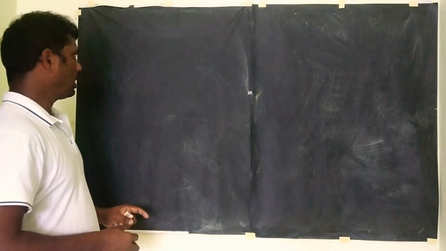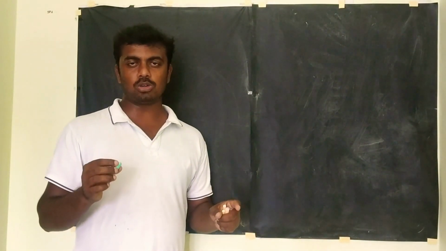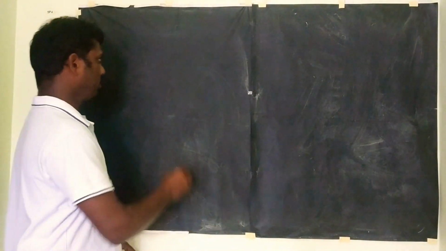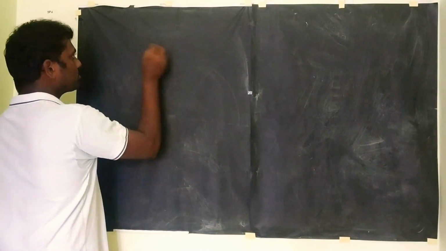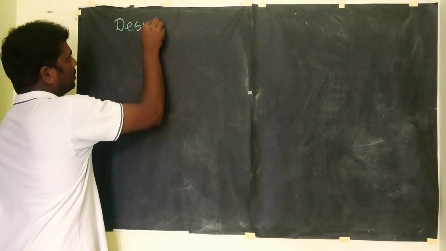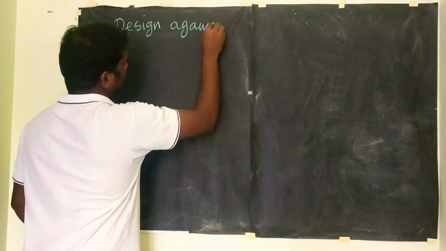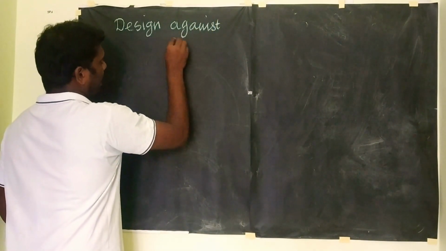Let me take one shaft. That shaft is mounted by using 2 bearings. Okay, this is my shaft. Our topic is design against dynamic load.